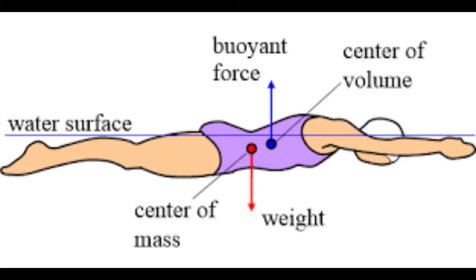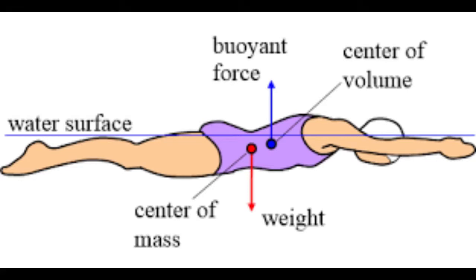As we can see in the picture, the buoyant force acts at the point that is to the right of the center of mass, and as a result will cause the swimmer to rotate counterclockwise. In addition to eventually reaching rotational equilibrium, an object floating in water will eventually also reach translational equilibrium.